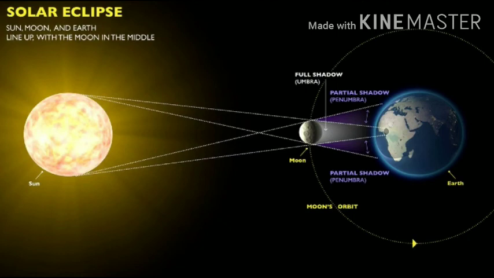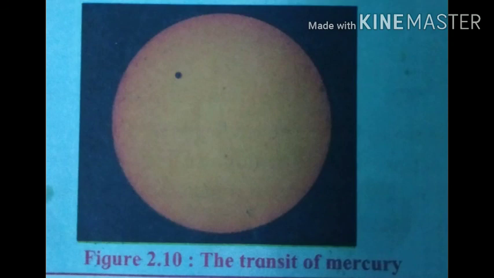Occultation and transit. Like eclipses, some other specific conditions occur with reference to the sun or the moon. Such types are called occultation and transit. Now, occultation is a typical event occurring in space.